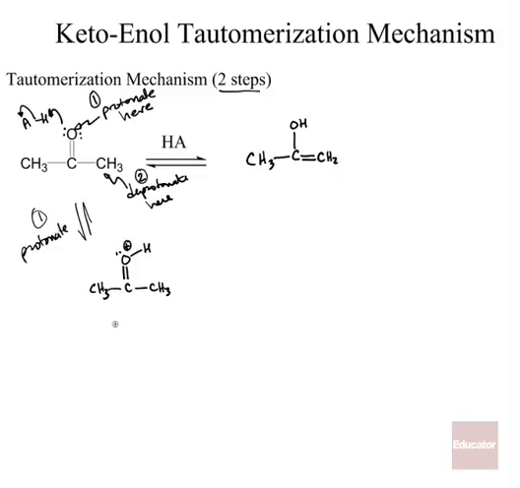Okay, and my second step then is going to be to deprotonate this alpha carbon. It turns out we're deprotonating right away. So instead of making a CH3, let's make this a CH2 so that we can see one of the hydrogens involved. And what we want to do is deprotonate that hydrogen. We can use the A- that we formed in this first step to be a base.